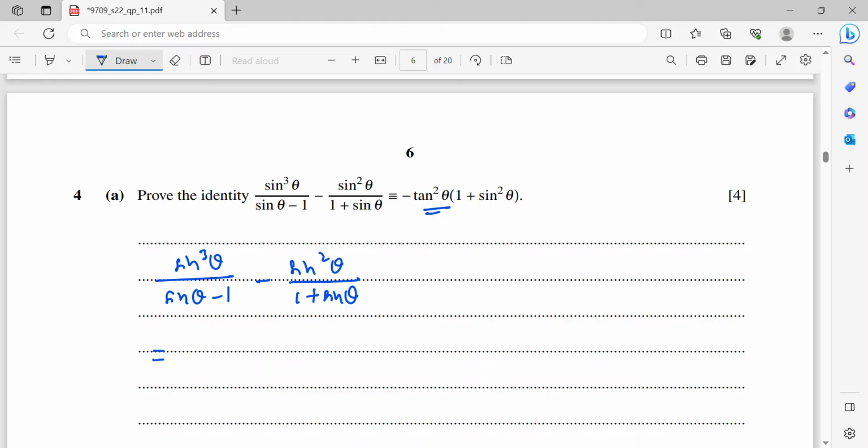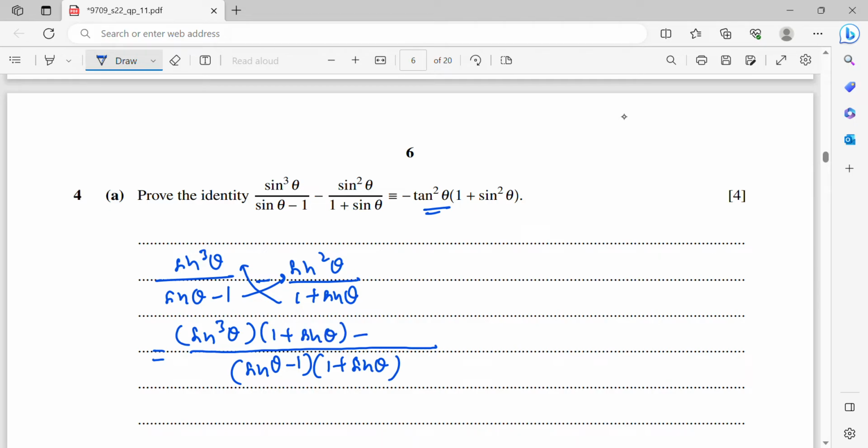Before getting the tangent, I will get the same denominator. So here it is going to be sine theta minus 1 multiplied with 1 plus sine theta. Then we just need to use cross multiplication. So sine cubed theta multiplied with 1 plus sine theta, minus sine squared theta multiplied with sine theta minus 1.